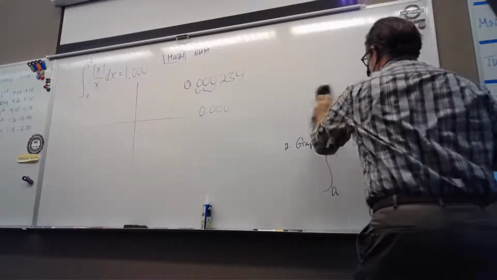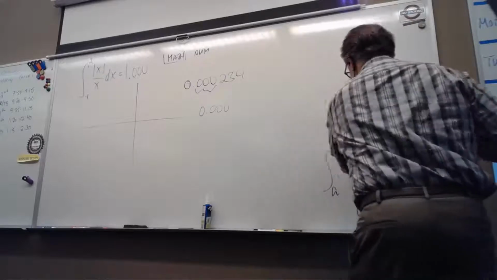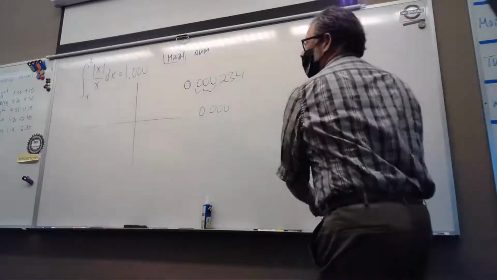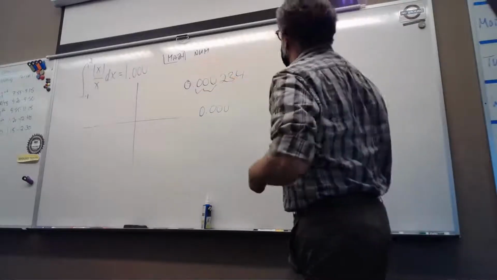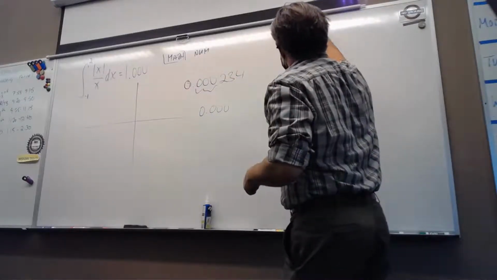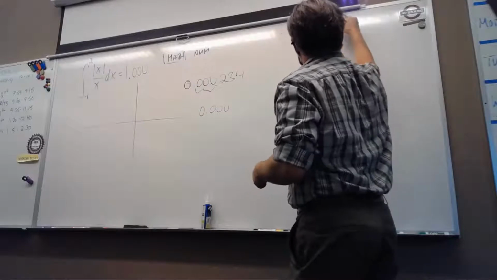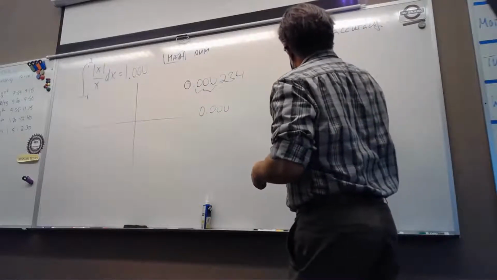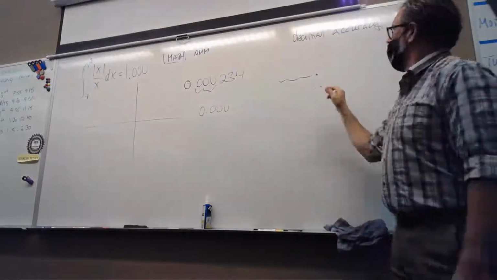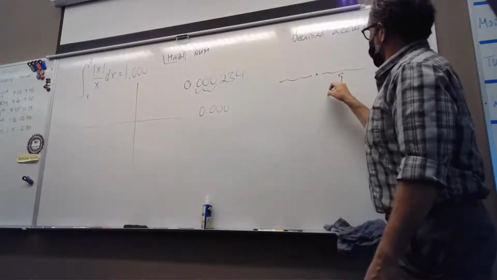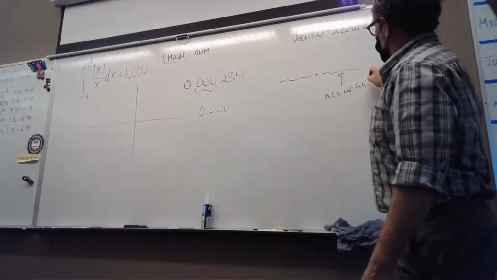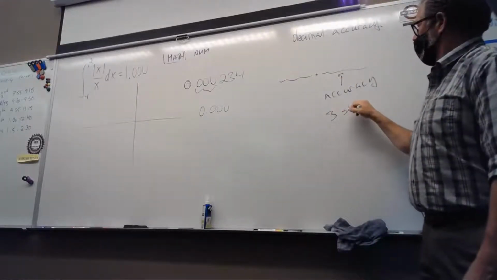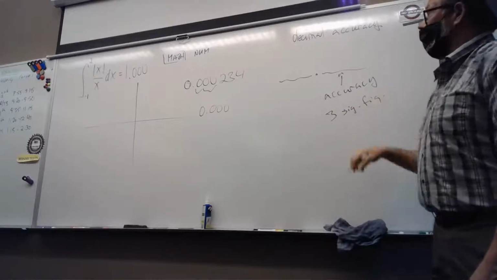Decimal accuracy. If you have a number followed by a decimal sign, this is your accuracy. 3 significant figures, 4 significant figures, whatever it is.